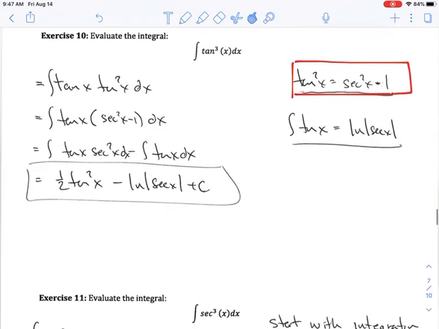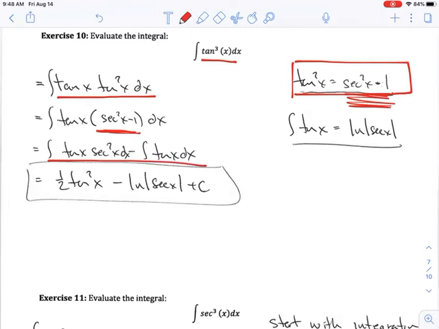So we're just algebraically rearranging these differently. And so we break up tangent cubed into tangent times tangent squared. And so we then substitute this in, right there, for tangent squared. Multiplying through, we end up with this.